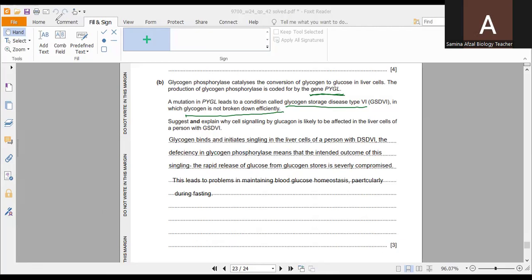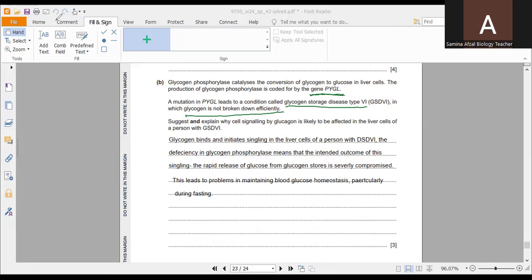The deficiency in glycogen phosphorylase means that the intended outcome of this signaling, the rapid release of glucose from glycogen store, is severely compromised. This leads to problems in maintaining blood glucose homeostasis, particularly during fasting. And students, when our body is not properly functioning, many issues can be generated inside the body.